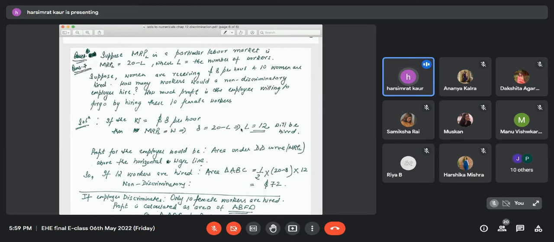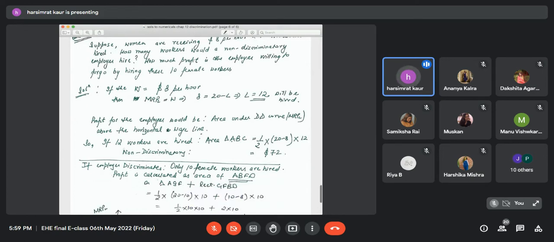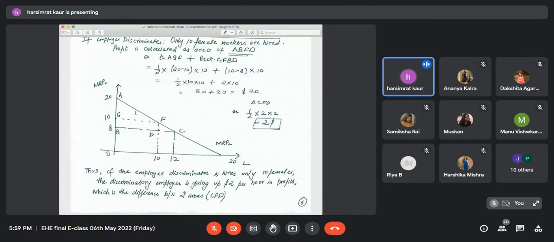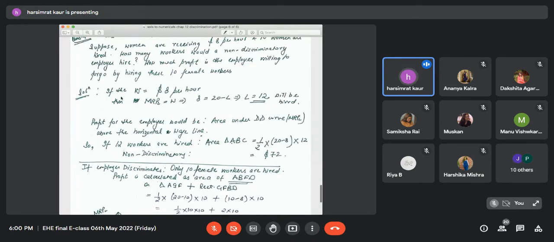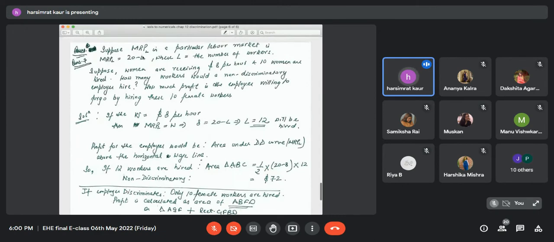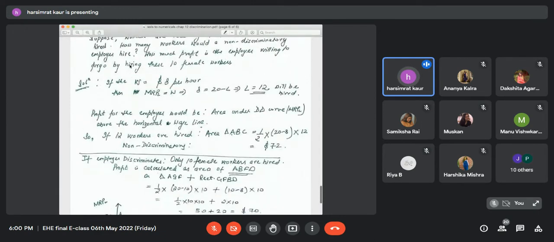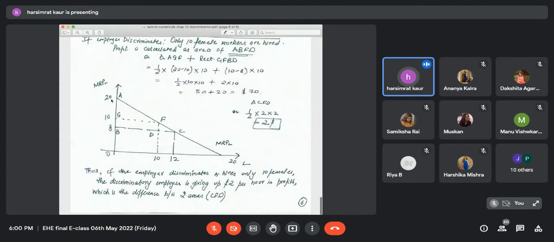But ultimately, what is happening? Only 10 are hired. We will just come to that part. So guys, first look into this diagram very carefully. MRPL curve, downward sloping demand curve, axis you can find out by substituting these values. If L becomes 0, your MRPL becomes 20.